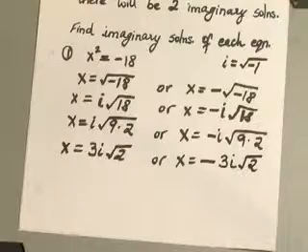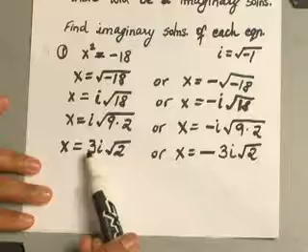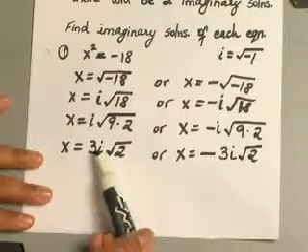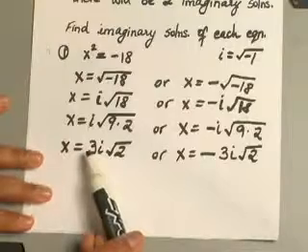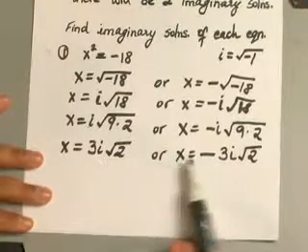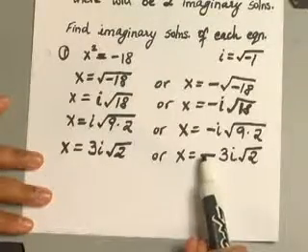Now you will notice the way I'm writing this, your whole number goes in the front and your radical goes in the back of the i. So the whole number is always in front of i and the square root of 2 always behind i. If you have a negative symbol, the negative will go right at the beginning of the number.